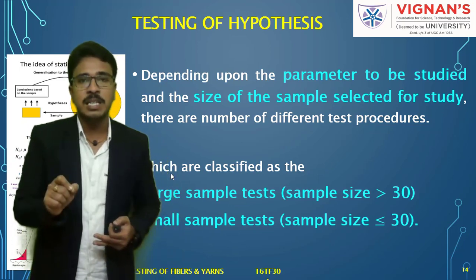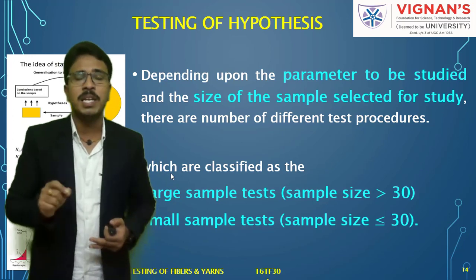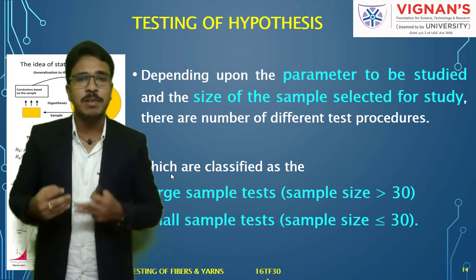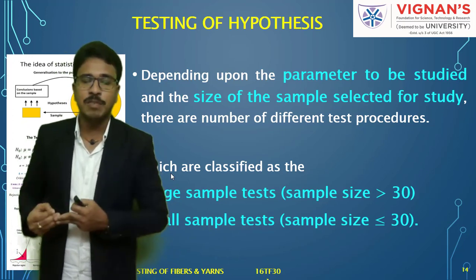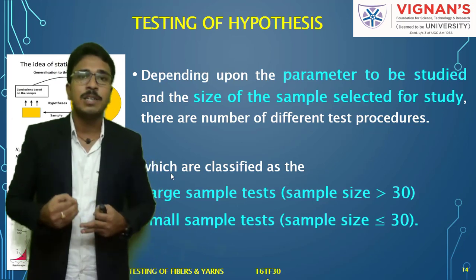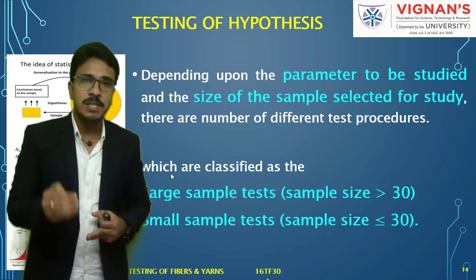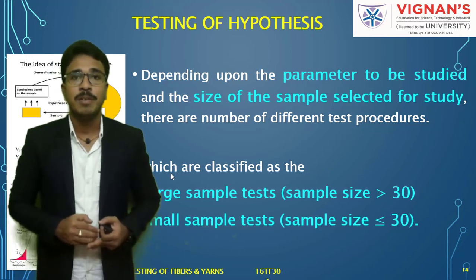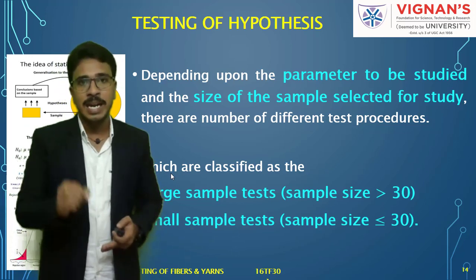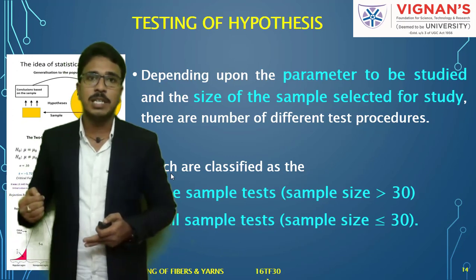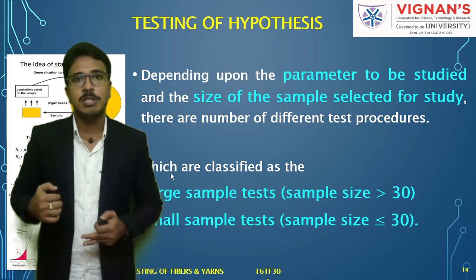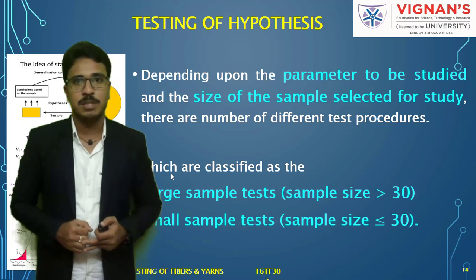So identifying the sample size is very, very important, and we have to do it at the beginning of the testing of hypothesis itself. Depending upon the sample size in the problem, we have to choose the right procedure for testing our hypothesis.